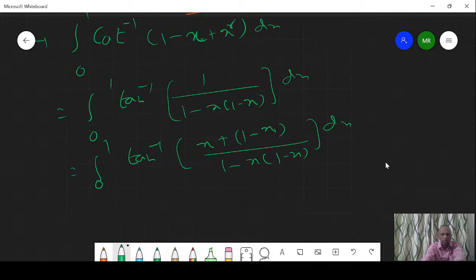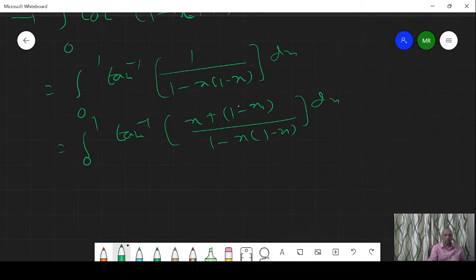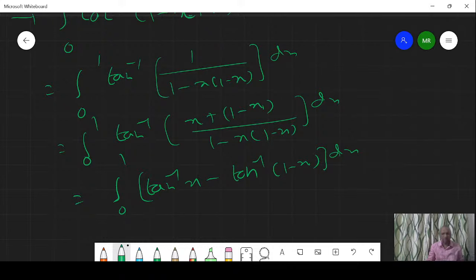So this is tan inverse of x plus y by 1 minus xy, which will be tan inverse x minus tan inverse y. It will become tan inverse x minus tan inverse of 1 minus x. It comes like this.